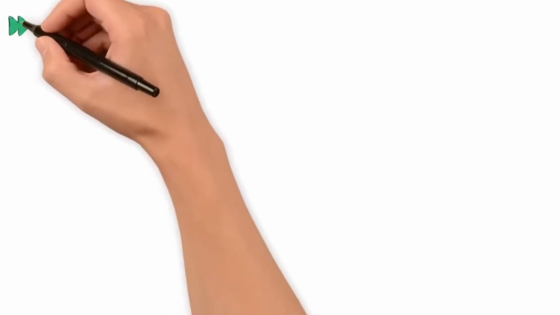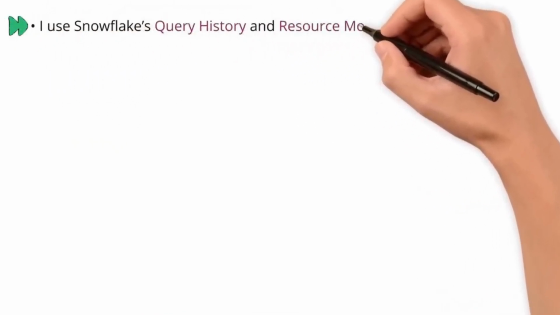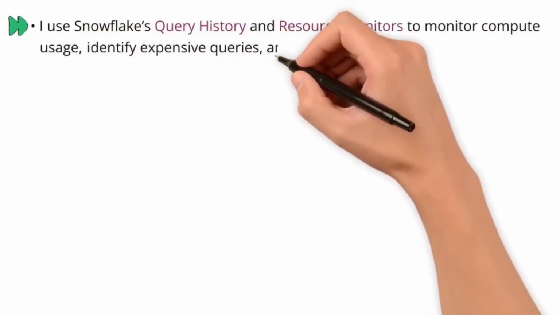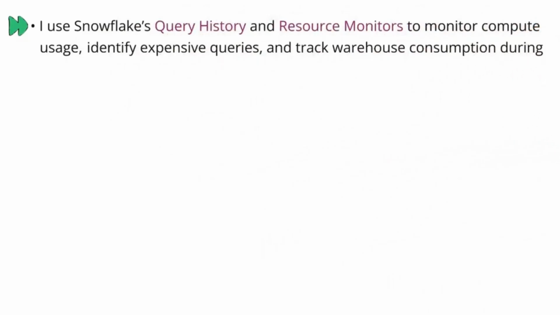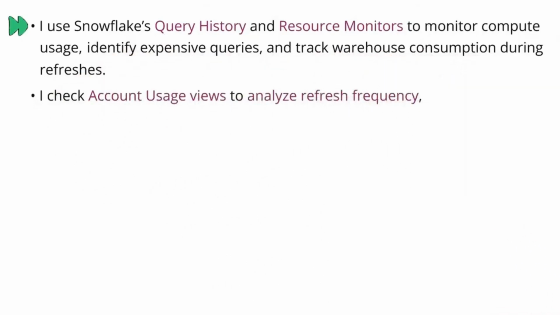The answer is, I use Snowflake's query history and resource monitors to monitor compute usage, identify expensive queries, and track warehouse consumption during refreshes. I check account usage views to analyze refresh frequency, duration, and data processed.